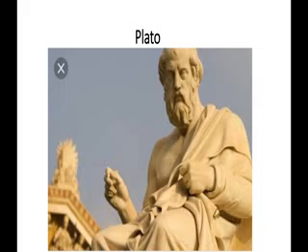Among the Greek philosophers, there are two prominent thinkers: Socrates and his disciple Plato. They were great political thinkers. Plato, in his famous book Republic, for the first time discussed the nature and function of state and government.